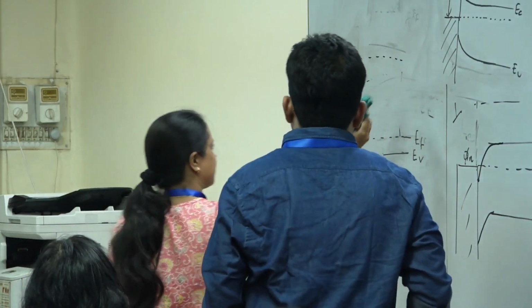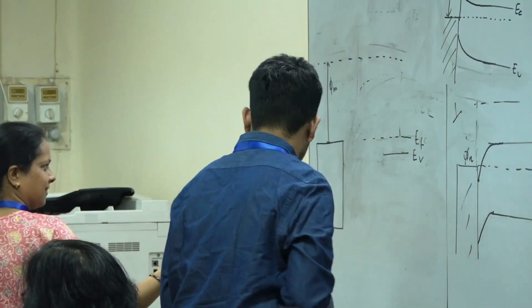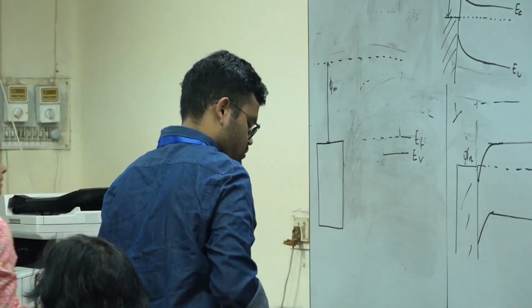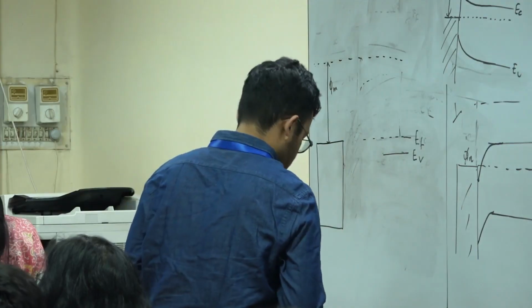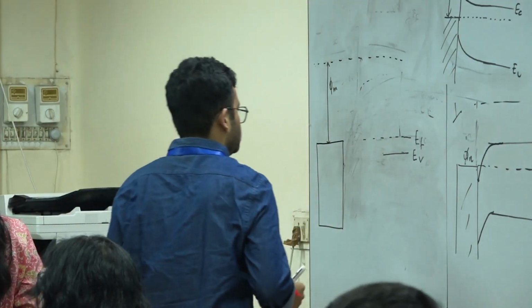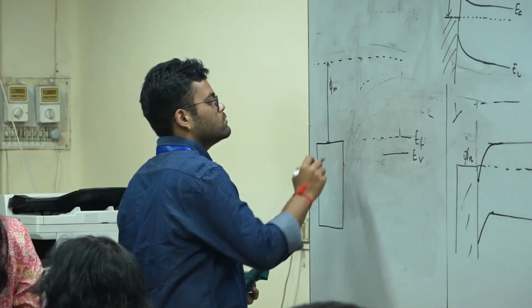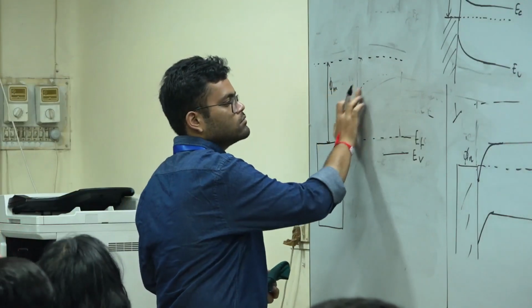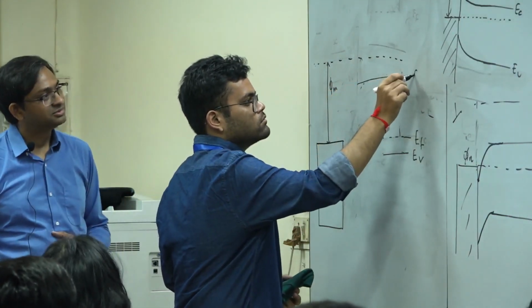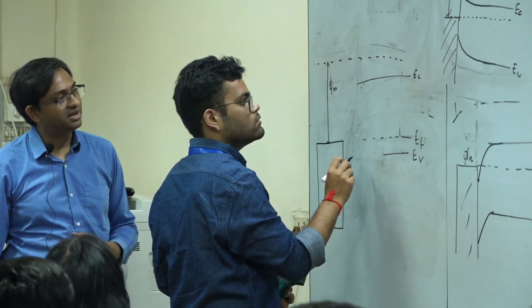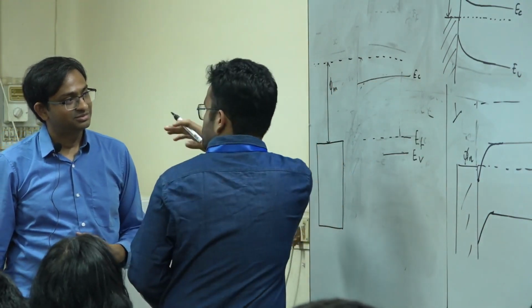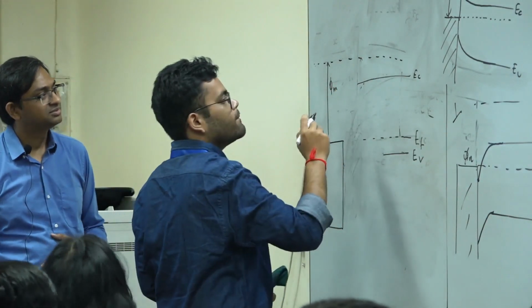Rules don't change based on p and n type material. What I told you is that chi's position with respect to phi m should remain the same, and chi is smaller. No, EC doesn't go up that high.